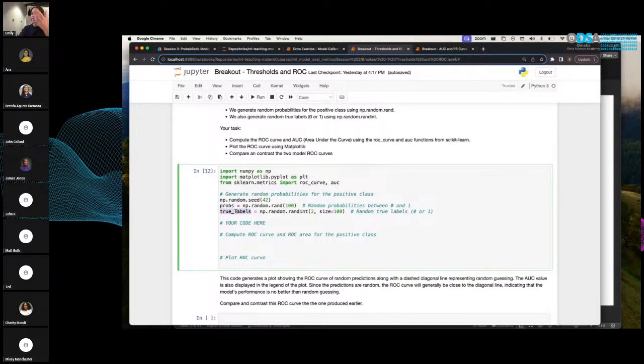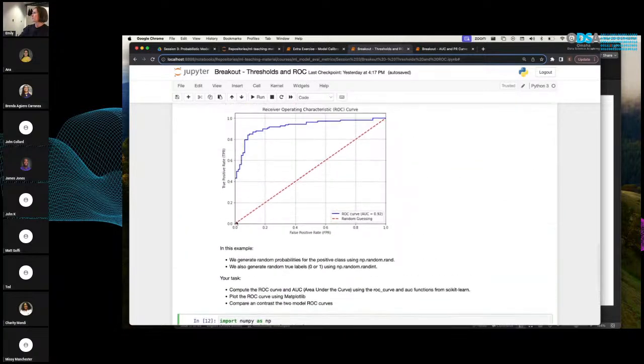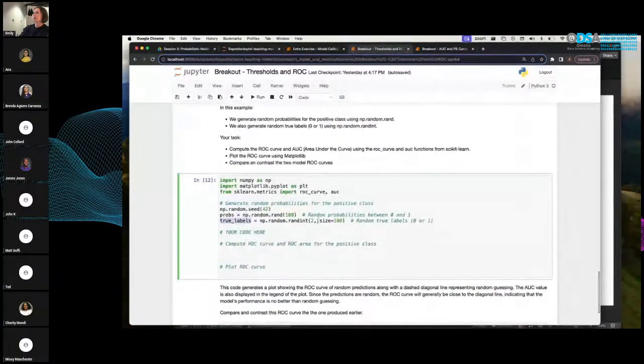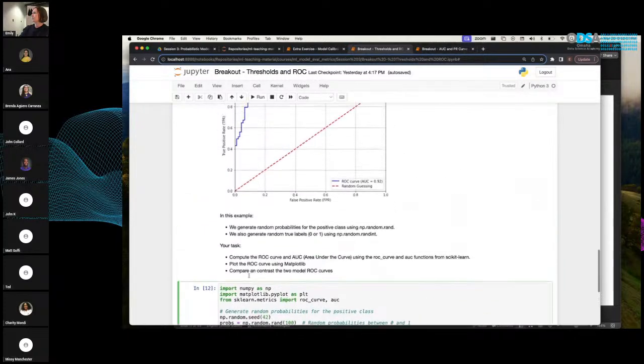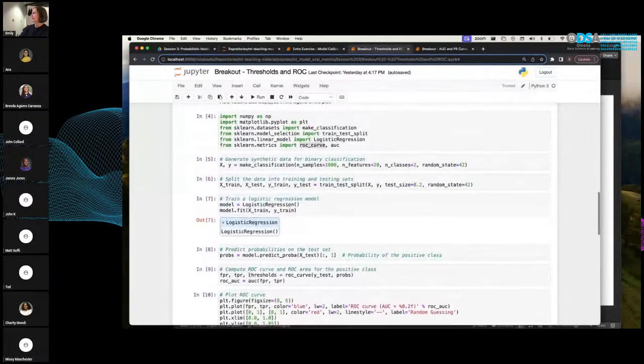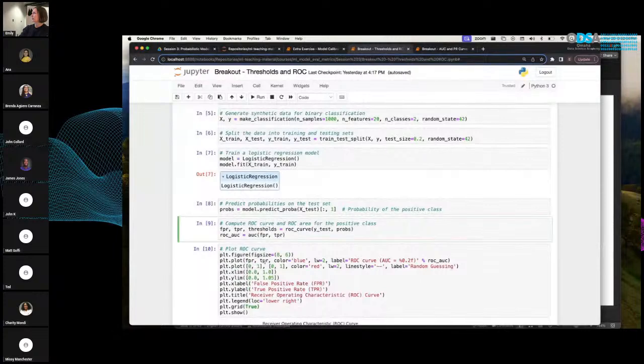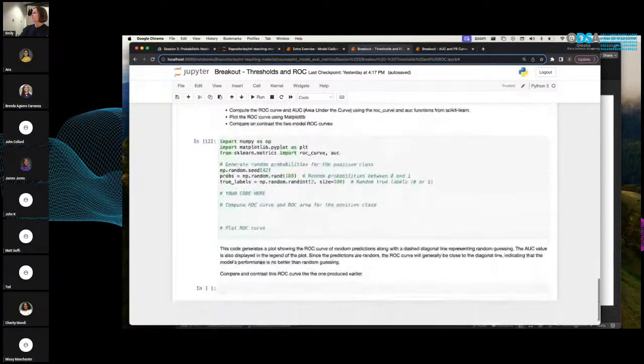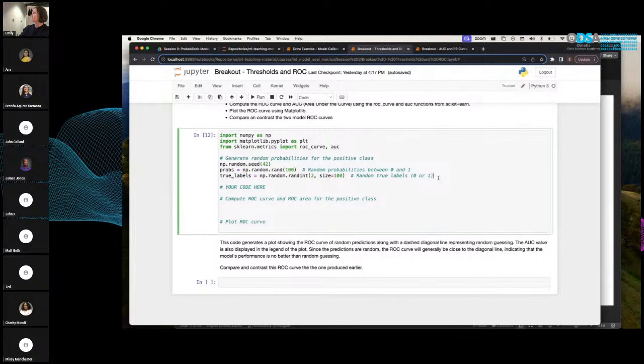This represents what if you had some labels and I just picked a number out of a hat and handed it to you? I know I told you it was this dotted line, but we're going to visualize what this looks like by actually running an exercise. So compute the ROC curve and the area for the positive class and plot the curve in the same way that we did here. We computed the ROC curve and then we plotted it. Do the same thing, but use the probs and true labels instead.